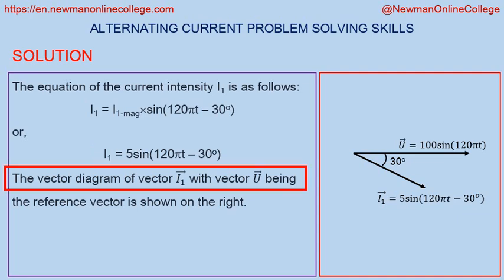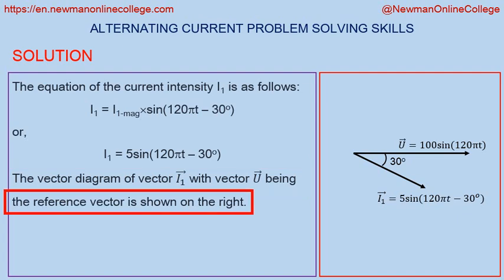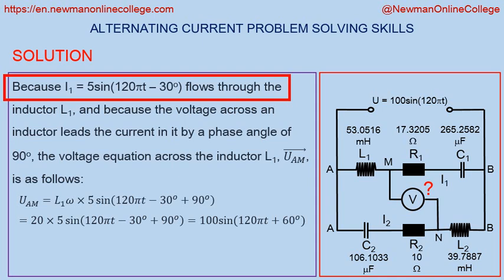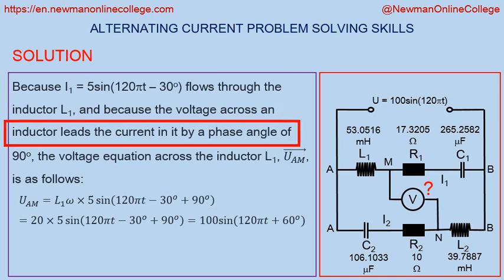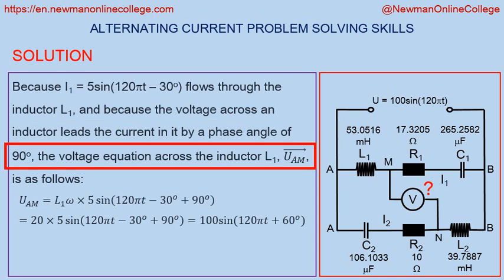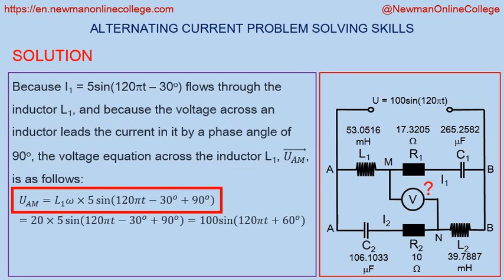The vector diagram of vector I1 with vector U being the reference vector is shown on the right. Because I1 equals 5 sin(120πt minus 30 degrees) flows through the inductor L1, and because the voltage across an inductor leads the current in it by a phase angle of 90 degrees, the voltage equation across the inductor L1, U_AM, is as follows.